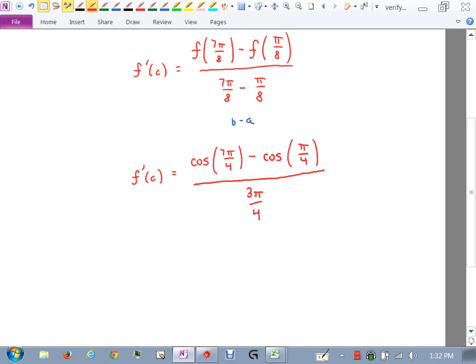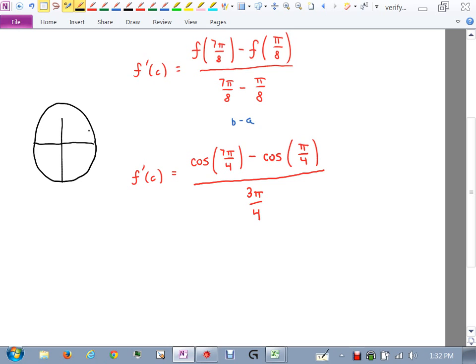What is cosine of 7 pi over 4? Oh, hold on. We don't need a calculator. Unit circle, right? When you're on the unit circle, cosine of the angle is equivalent to the x-coordinate of the point on the unit circle at that angle.